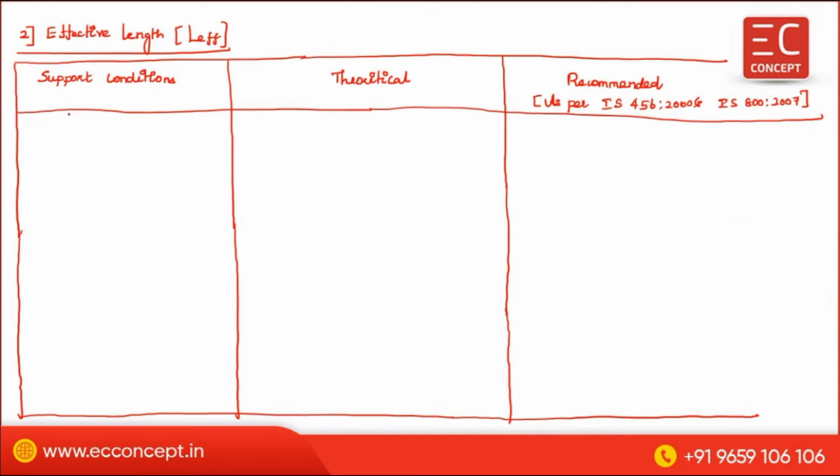Now, the first case is both ends pinned. For both ends pinned, L effective is equal to 1.0 L, and recommended also L effective is equal to 1.0 L. This is the first one.